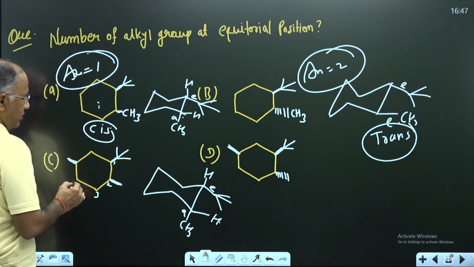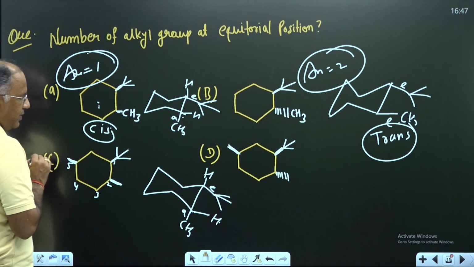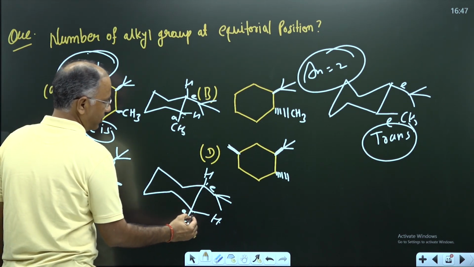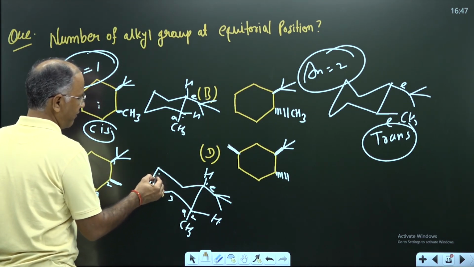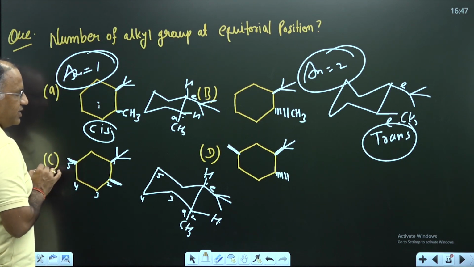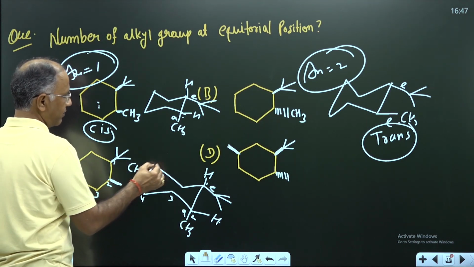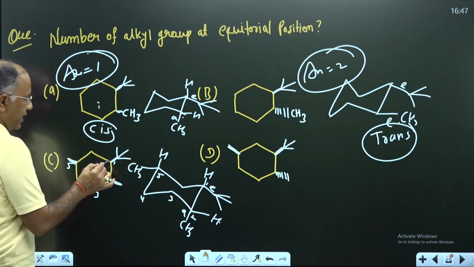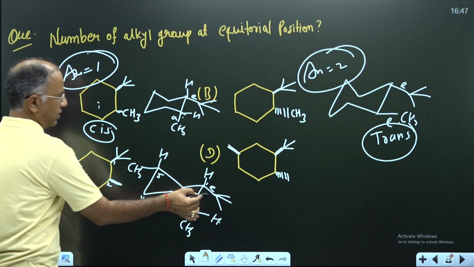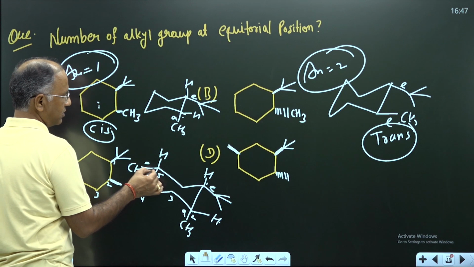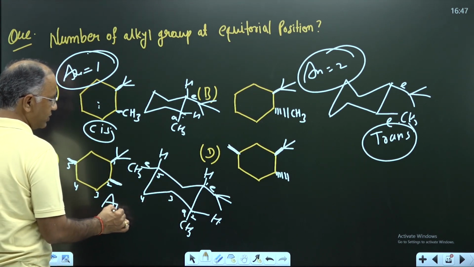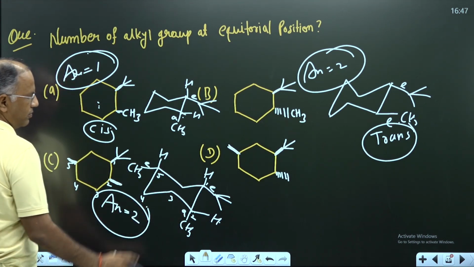And this 1, 2, 3, 4, 5. 2, 5 must be cis. 1, 2, 3, 4, 5. We have to draw methyl in such a way that it forms cis. This is down, then this will also be down. And we have to check 1 and 5 must be cis. Down, down, this is also cis. How many equatorial positions are there? 2.